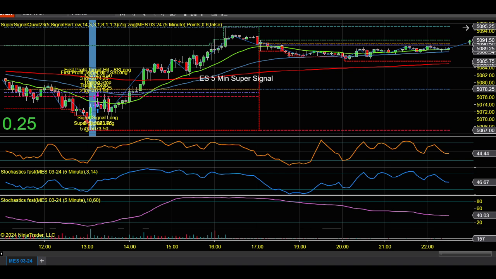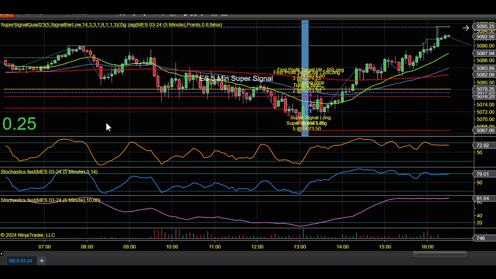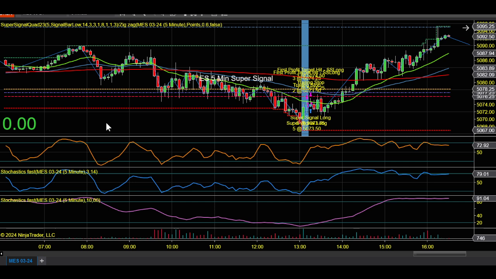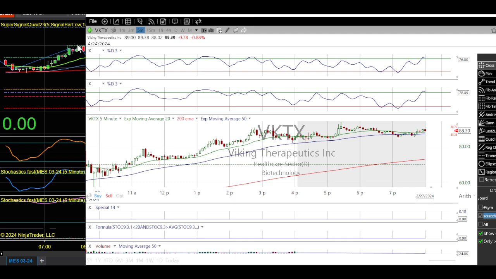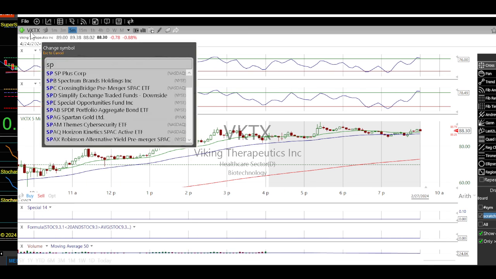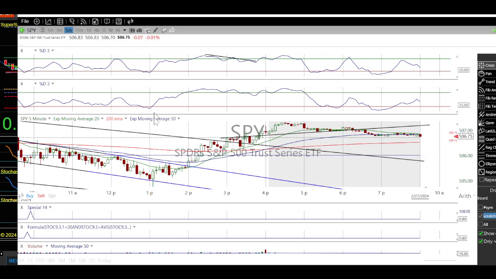So with the 5-minute super signal, great. Like I said, it doesn't give you as many setups, but the setups are usually mega. Because when we look at our 5-minute chart during the day, and I'm analyzing the markets on the run as they're moving, we're always going back, and especially we'll use the SPY or the S&P as an example, because that's where we're trading the options off of.